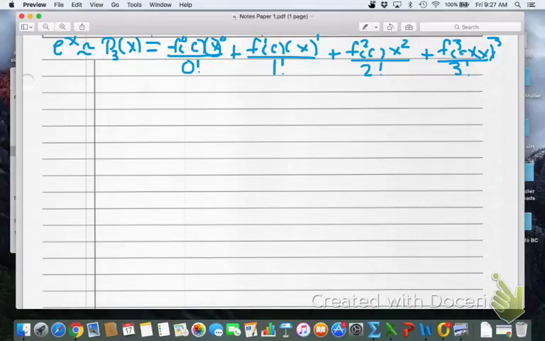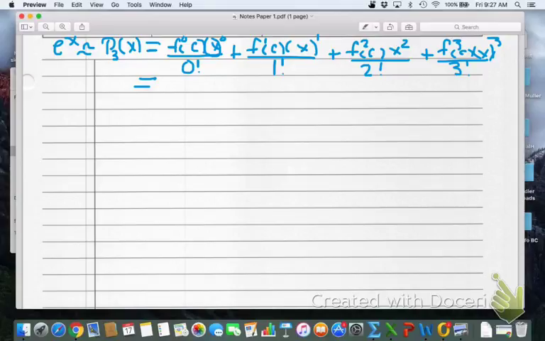And I went ahead and rewrote this first term as the 0th derivative, and then x to the 0 power over 0 factorial. So if it's the 0th derivative, what we're going to find here is that this is actually going to just be f of c, because we're not going to take any derivatives.